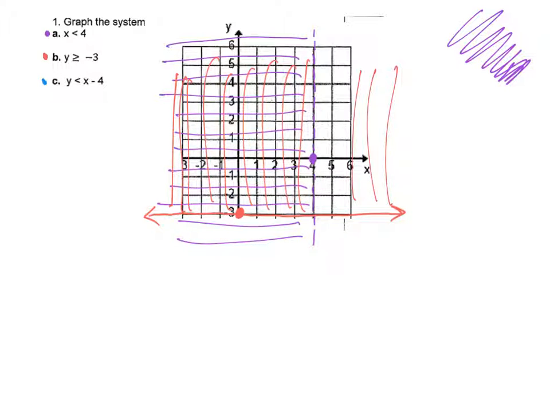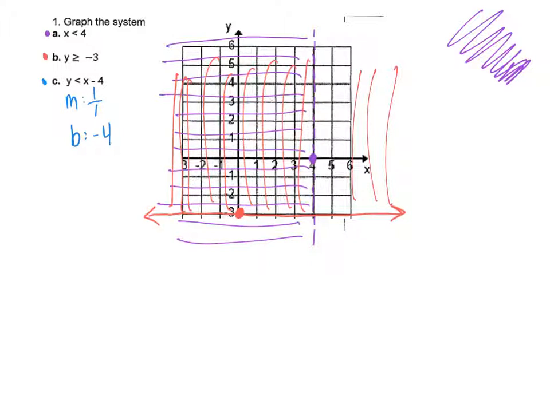Go to C. Switch colors. All right, on C. M is 1/1. B is -4. There's our -4.